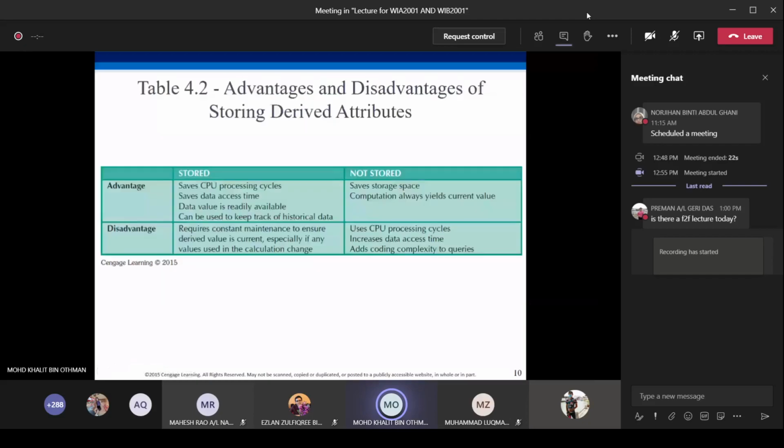In table 4.2, we have the advantages and disadvantages of storing derived attributes.